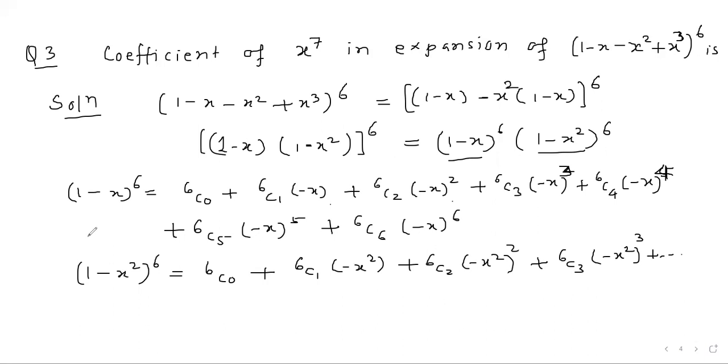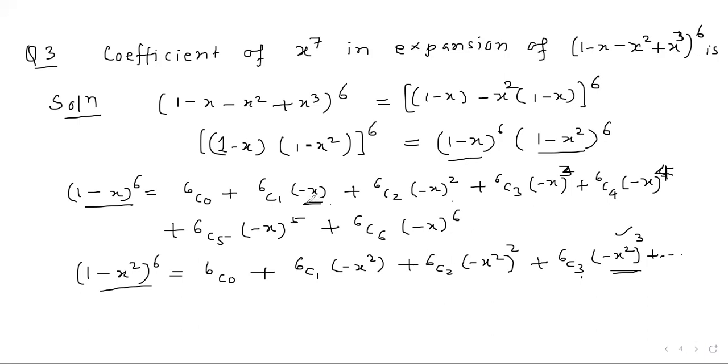So now let's see the coefficient of x power 7 in the product of this and this. So here we take power 6. So the coefficient will be minus 6c3.